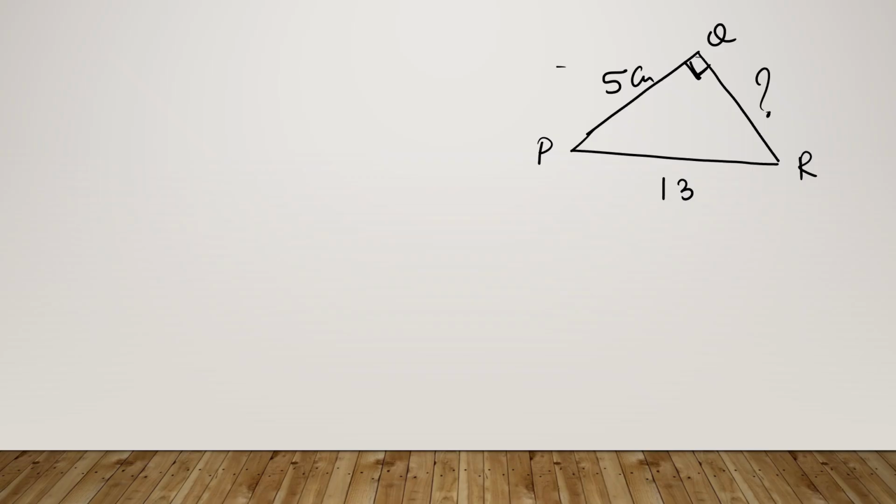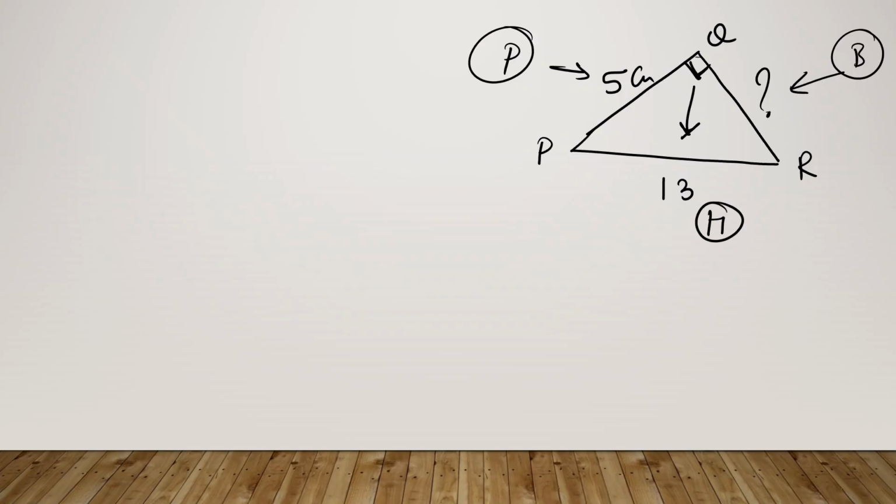Okay, so these two sides. Now, it will be confusing which side we should consider as perpendicular or the base. So we can take it as random, that this is perpendicular and this is base. But the side which is in front of the 90-degree angle, that will always be the hypotenuse.